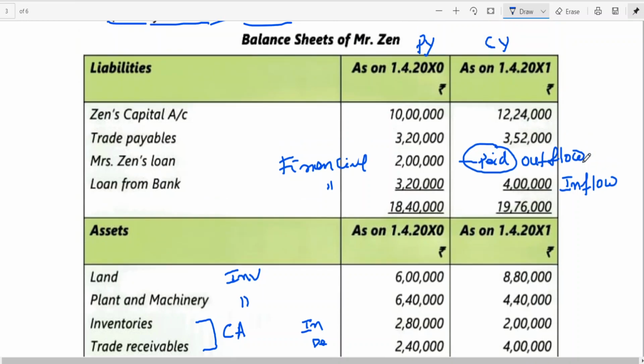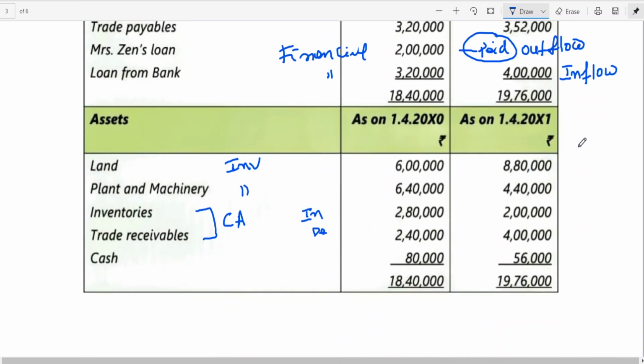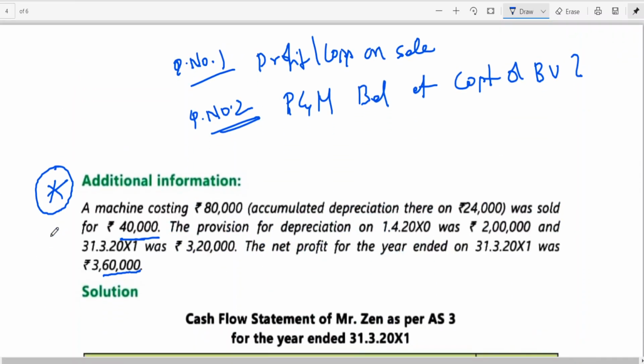Okay. Now I think by this time you might have come to a conclusion. See, plant and machinery is book value. What is the answer? Plant and machinery is what? Book value. Profit or loss on sale, you can easily tell me.